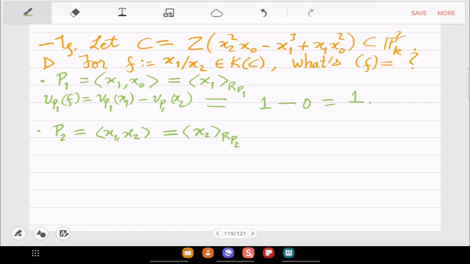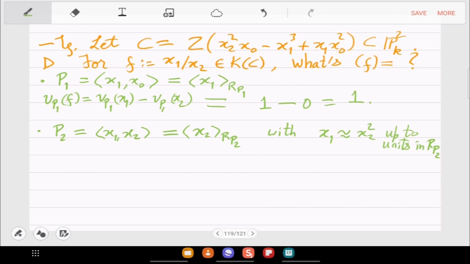And the DVR is R_P2 with the valuation, basically I can just write that x1 is like x2 square in the DVR. This you can see from the equation of the curve.